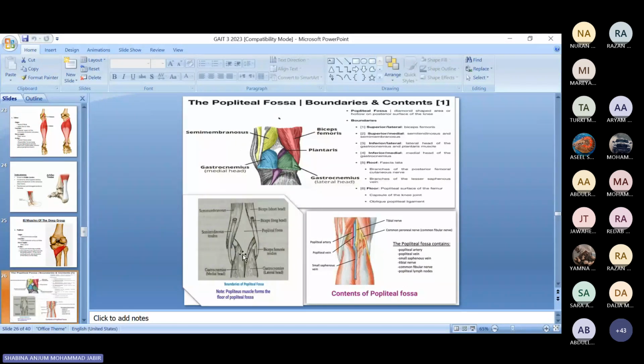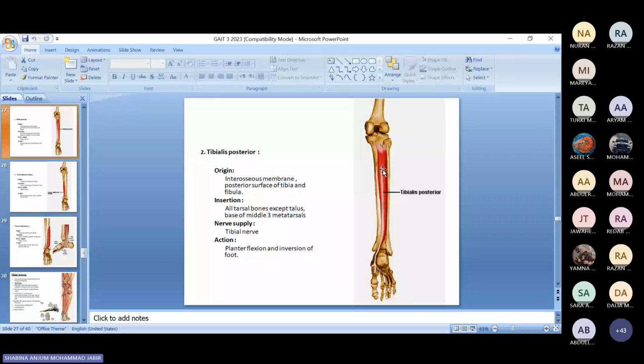Then we have the tibialis posterior muscle. Like anterior, we have tibialis posterior, which takes origin from the posterior surface of the tibia. And what will be the insertion? You can see here that this is dividing into many small tendons, and these tendons will go to all the tarsal bones except the talus.